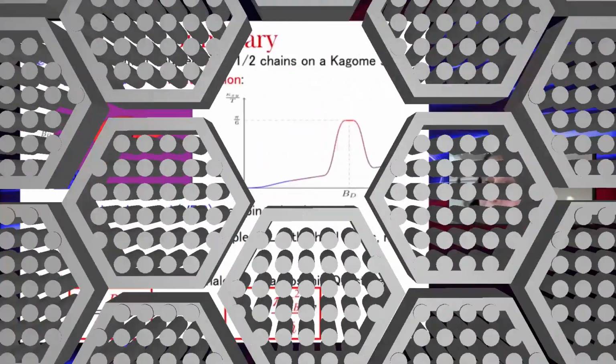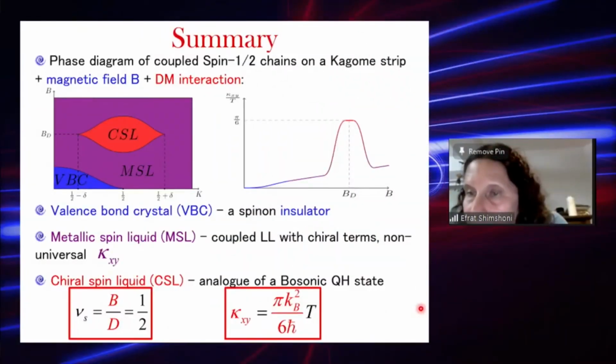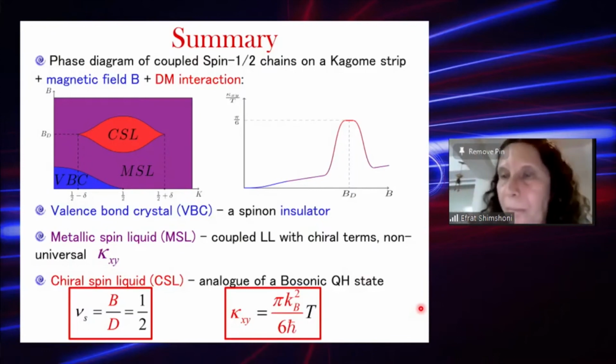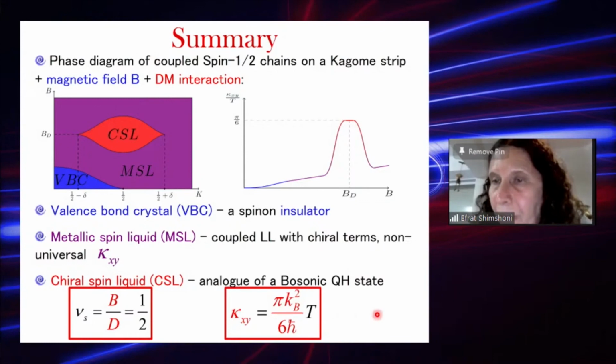So when you consider the thermal transport, what are the particles which carry thermal current? These are spinons, yeah. So you don't involve, in this case, any phonons? Of course phonons can contribute to heat transport, but we are looking at the thermal Hall conduction.